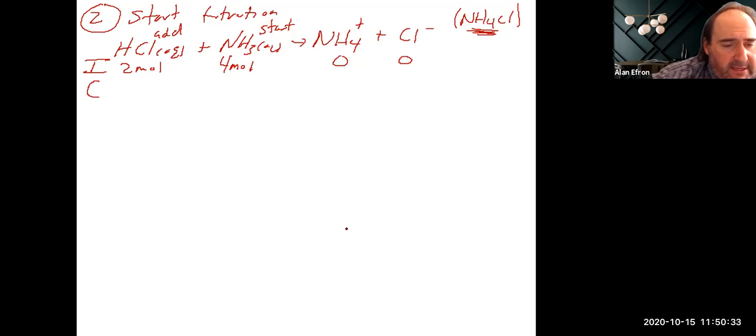Now, because we're before the equivalence point, what we are adding, which is the HCl in this case, is going to be the limiting reagent. It's going to get used up. So our change would be 2 moles all the way across.